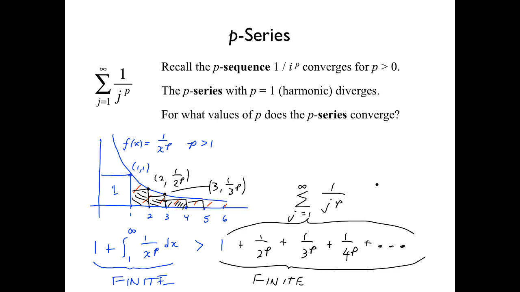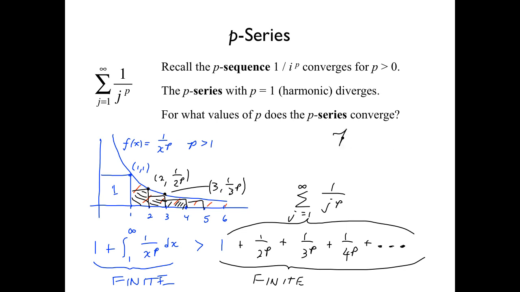So for p greater than 1, that sum converges, because it's like adding up the areas of those rectangles, which all fall underneath. All those areas added up are less than an area we know is finite. So for what values of p does the p series converge?